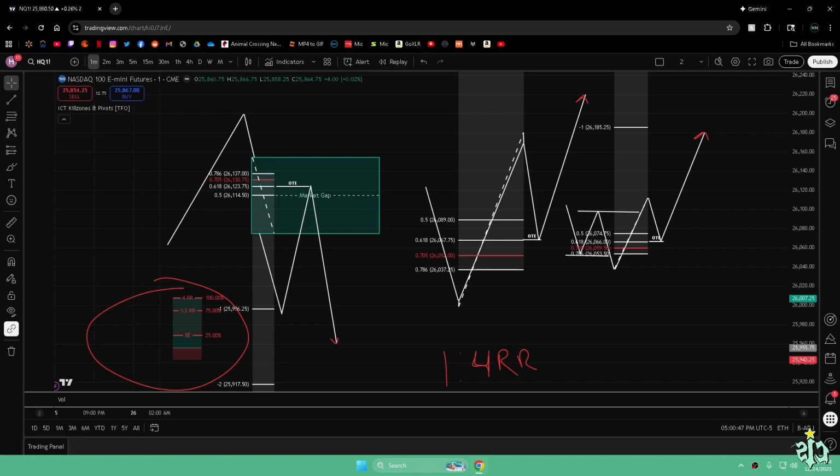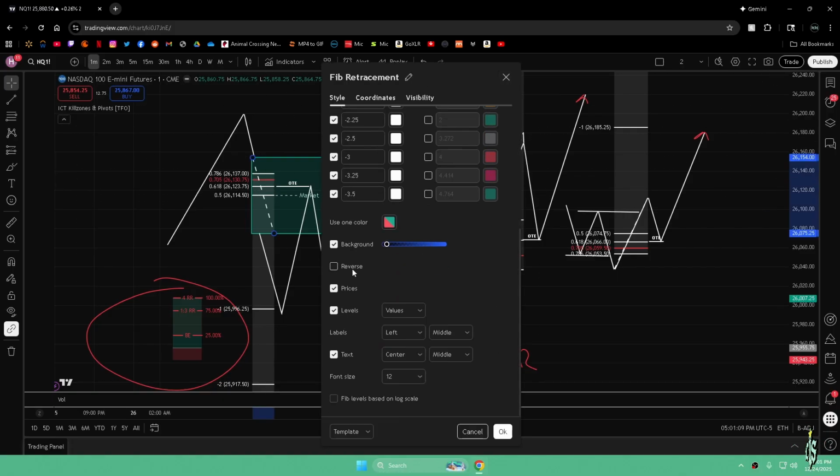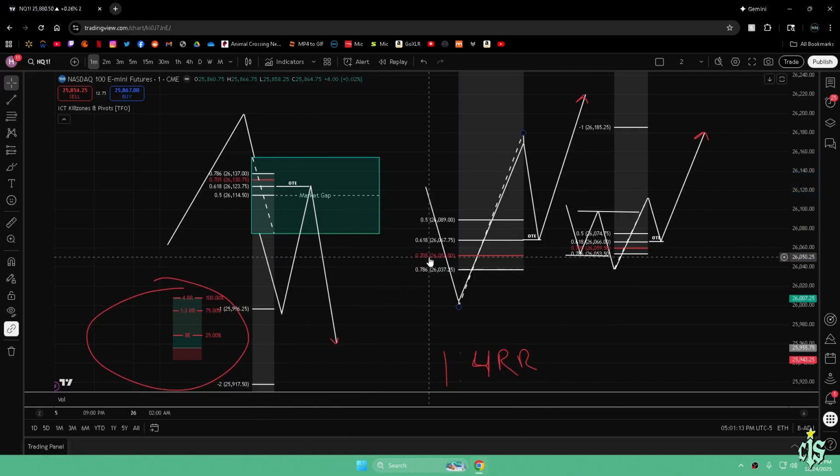I'll go more in detail in a second. Let me find the fib settings. Here we go. It's in education notes. Those are the settings I use. When you're in the settings, make sure you click reverse, I believe, and then you should have the same fib I do. I just changed the colors on mine.